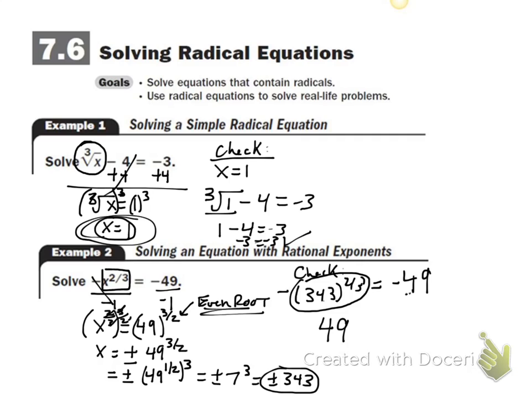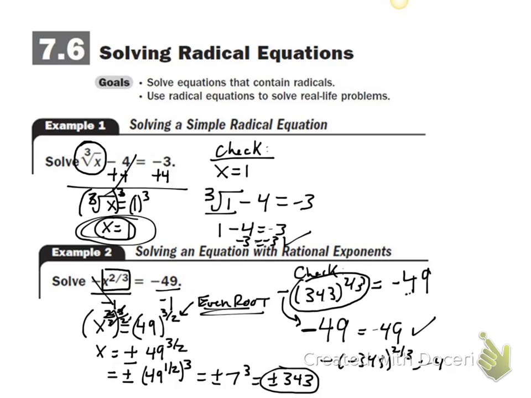Same as cube rooting 343, which would be 7, and then squaring 7 to get 49. But don't forget, there's the negative in front, so you get negative 49 equals negative 49. We're all happy.